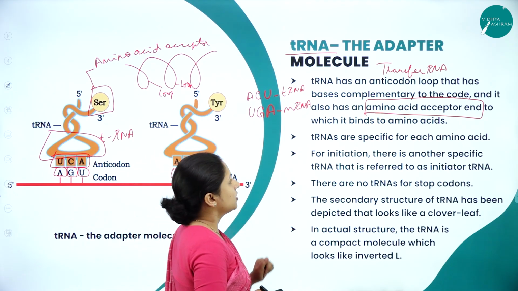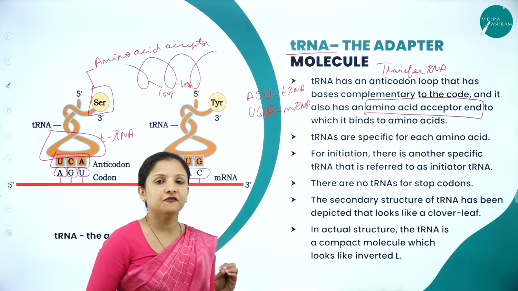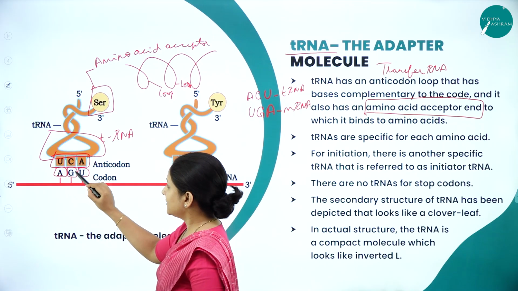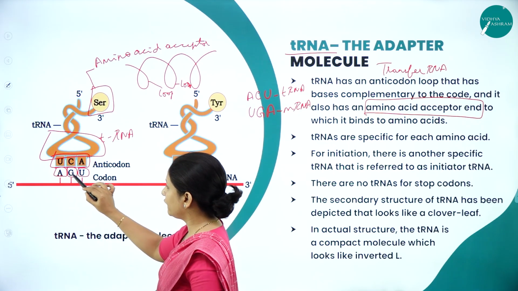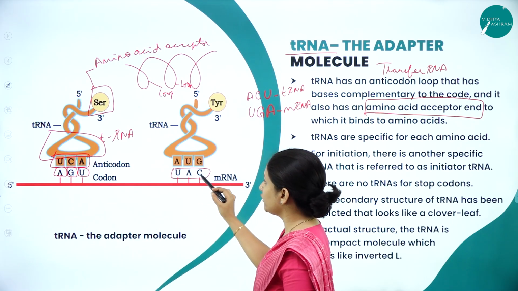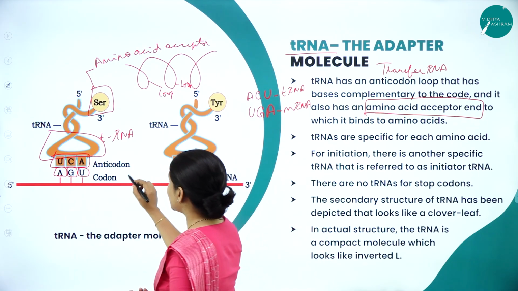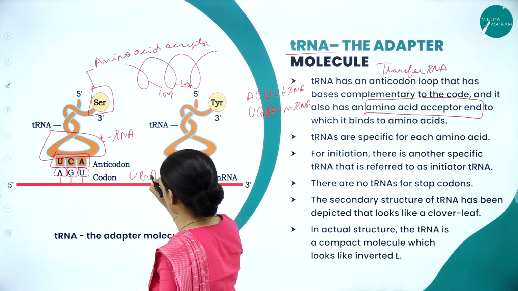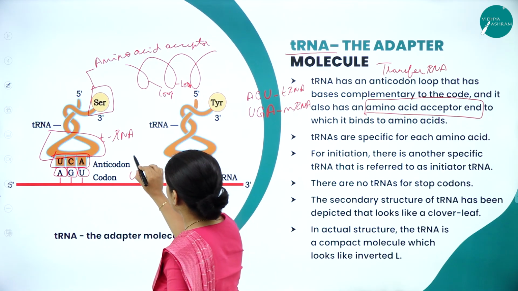So much we know. Now, tRNAs are specific for each amino acid. That is why, because this region is the anticodon for AGU, this is the anticodon for UAC. Or say for example, if UGA is the sequence here, then which one will come and bind here?